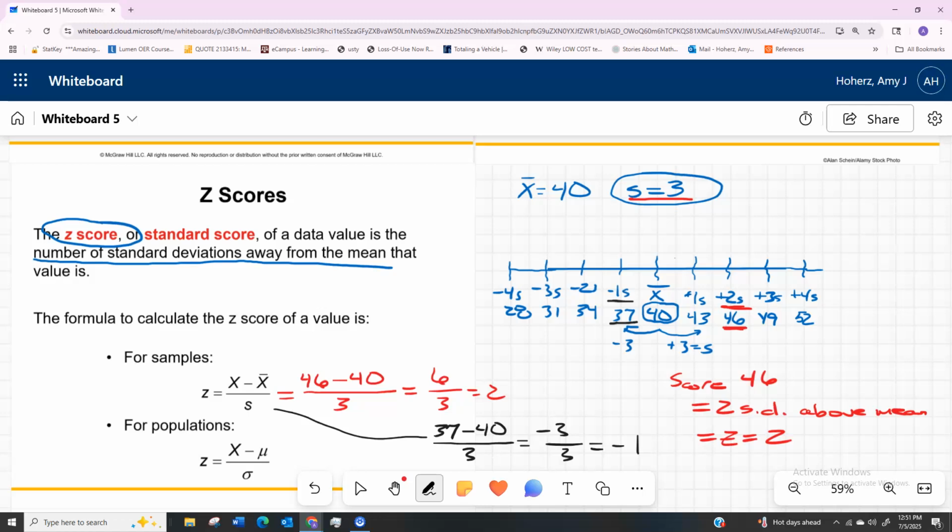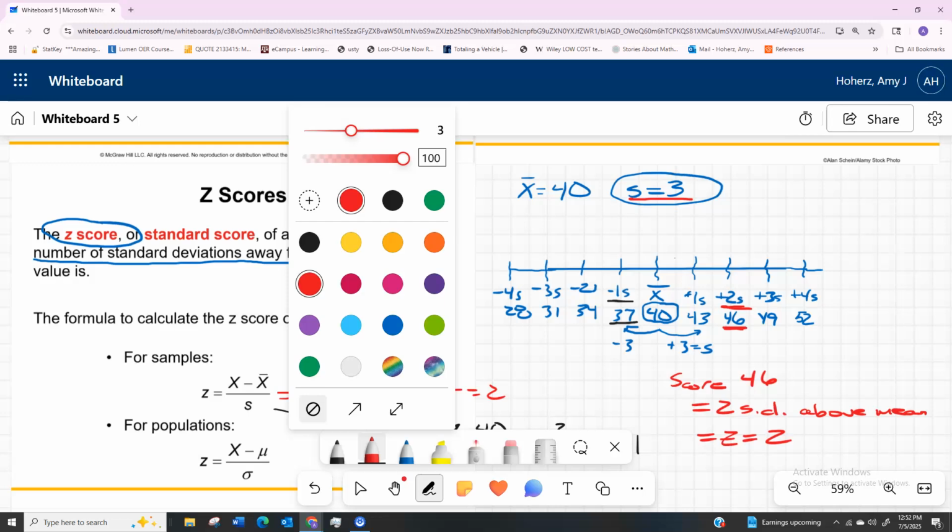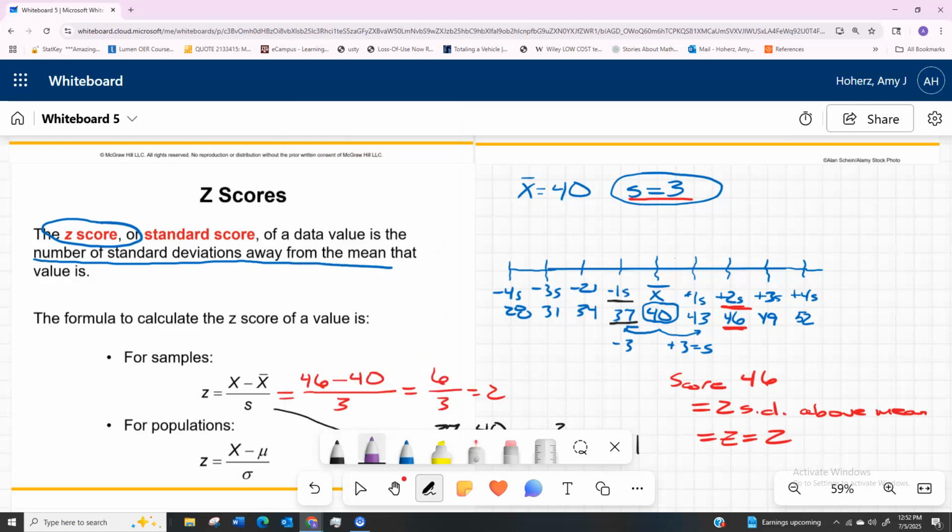So you might be thinking to yourself, well, what do you do if somebody's not right on one of those? Well, you get a partial z-score, like you get a fractional part to your z-score. So let's pick another one. Let's say that someone scores, let me grab a different color here. And let's say that somebody scores, so we want to go in between 2 values. So let's say somebody scored a 45. So that doesn't fall on 43 or 46. You know, here's 43, here's 46.